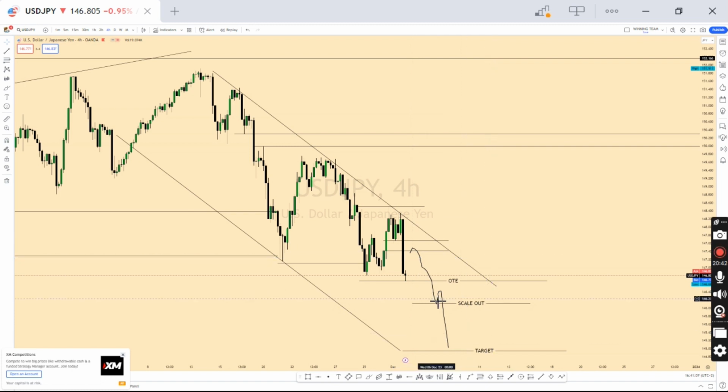Okay, so to make this easy to understand, what I'm seeing here, guys, is that the market will open with some accumulation, and then on that accumulation we're gonna see manipulation, and then after the manipulation what comes is a distribution. So when we distribute to this level, that's where we're gonna start scaling out, and then when the price pushes back up here, we'll go for our OTE, and then we'll be targeting this level down there.